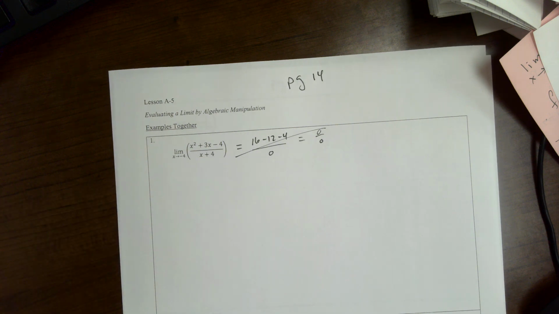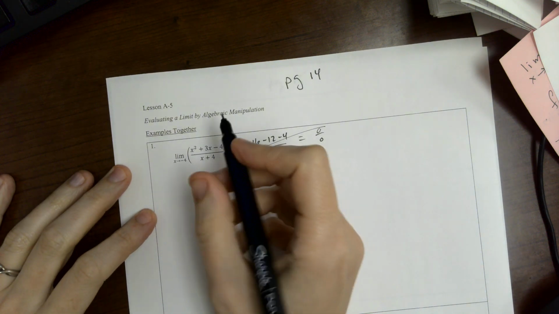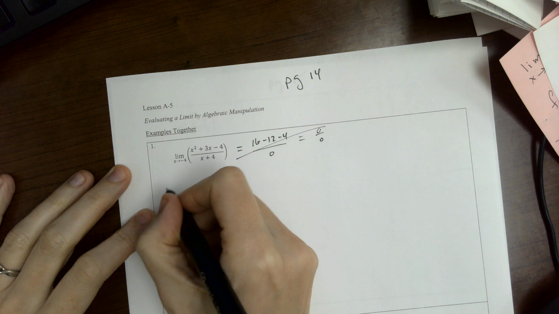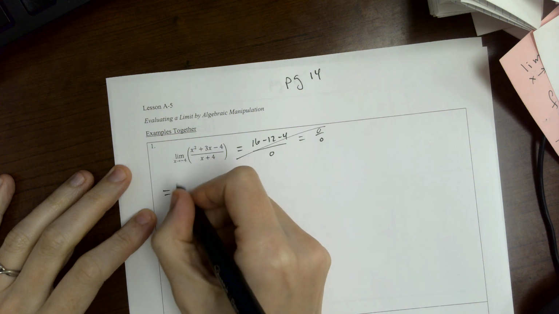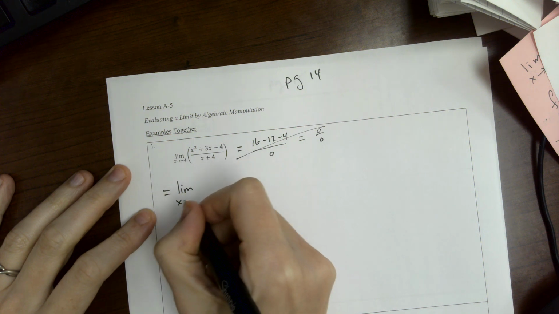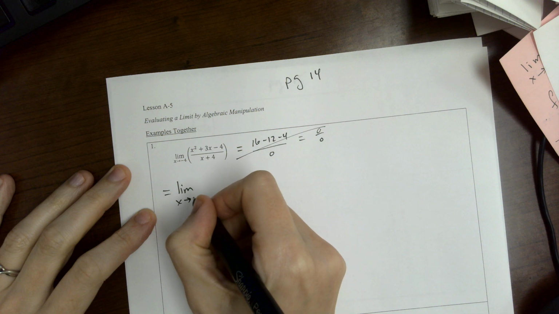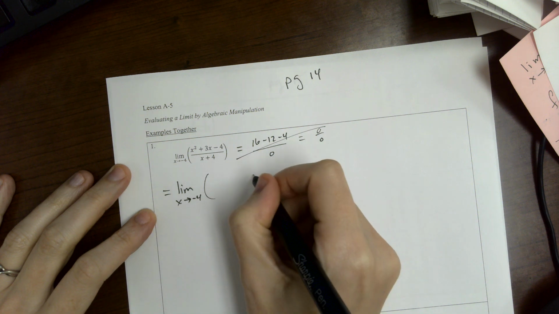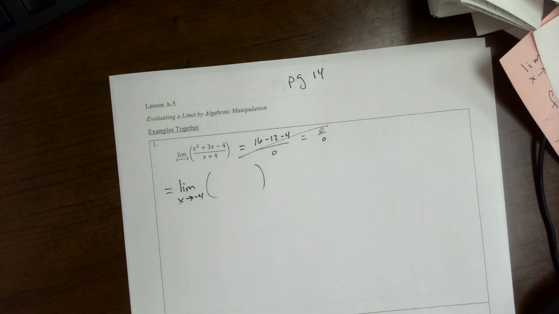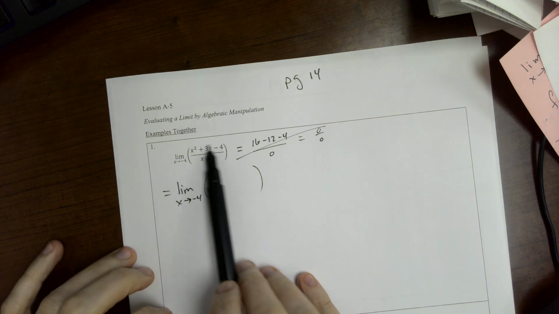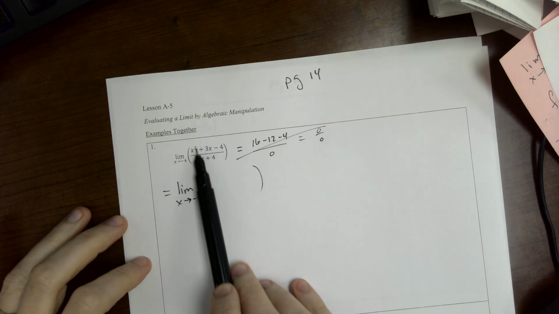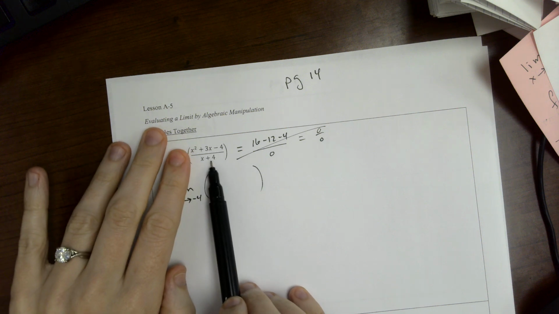Okay, so as soon as you know direct substitution isn't going to work, below this limit I'll go equals, and then I will open up another limit, a blank limit. And what I want to do is try to factor or do any kind of simplifying on this.